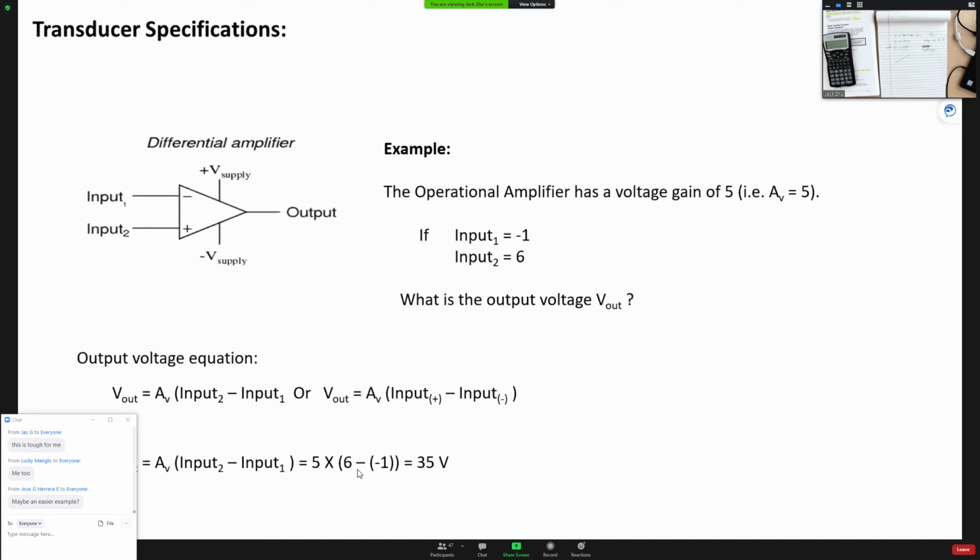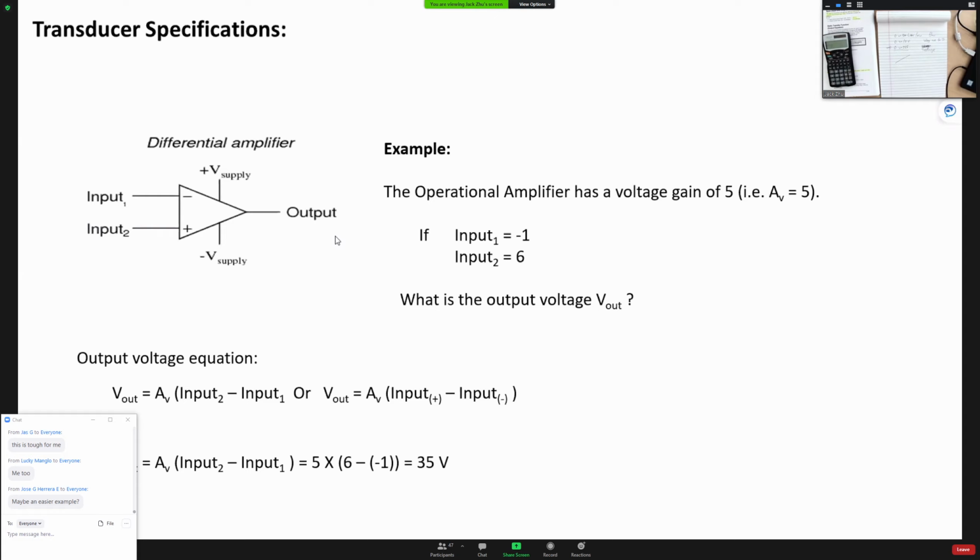I think if you were in the Harmonized program, you didn't learn this operational amplifier. But here, we just try to show you that if they give you an input value and the gain, you should be able to calculate the output.